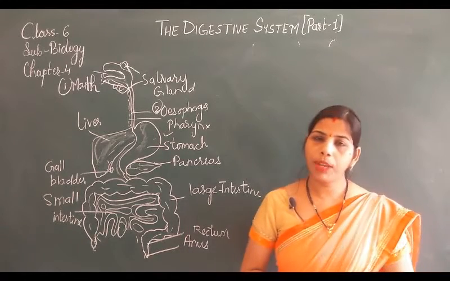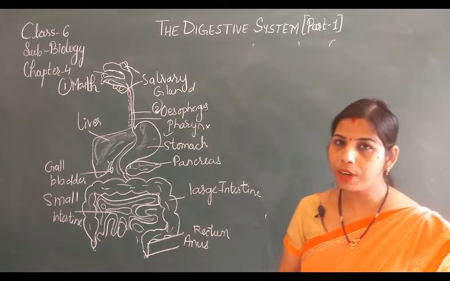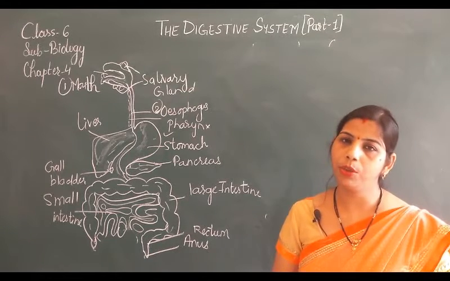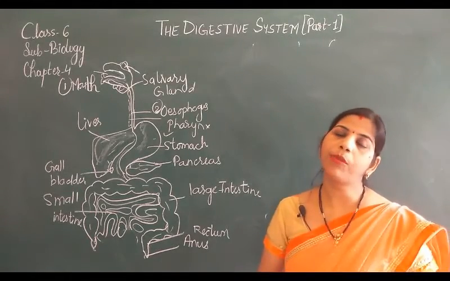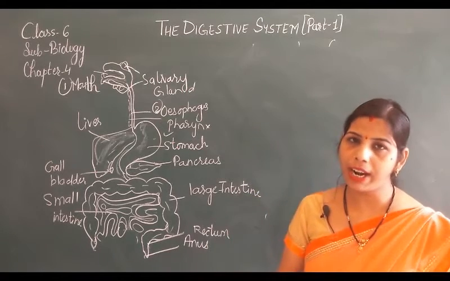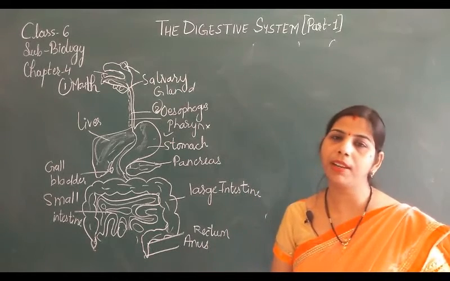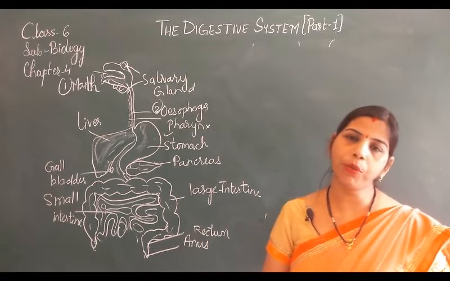When we obtain food, we also eat different types of nutrients. You all know this because you studied it in class 5. The different types of nutrients are carbohydrates, fat, protein, minerals and vitamins. Why do we use these different types of food?